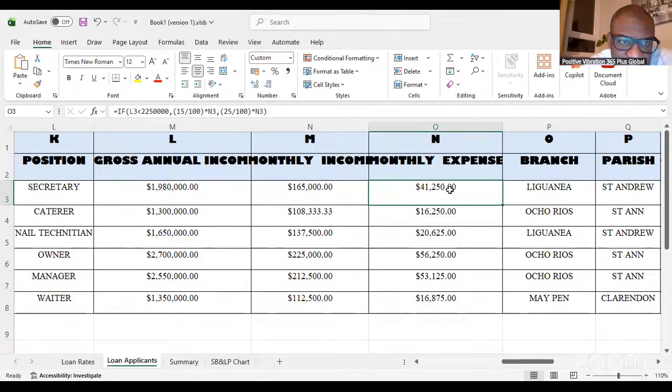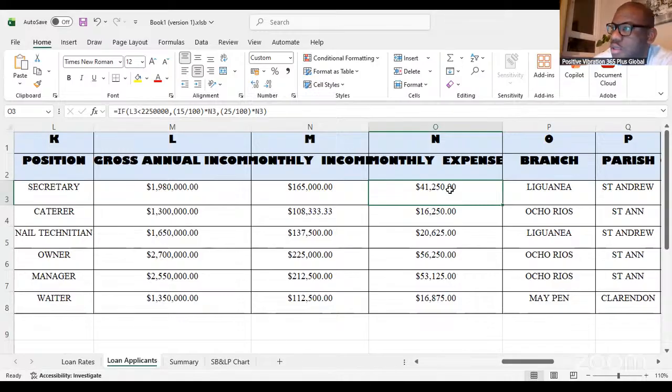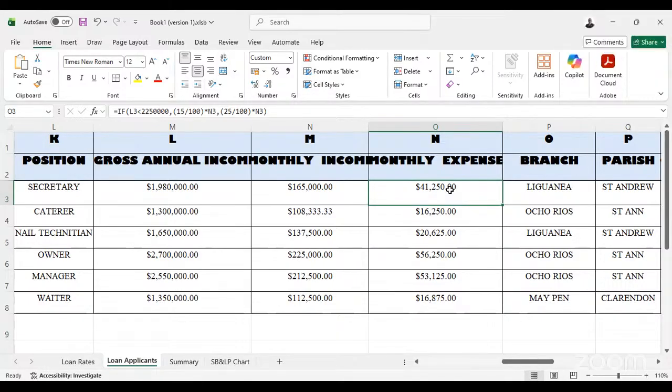So that would mean that we need to find 15% of 1,980. Is that working out to be the right number? No, not right. No, sir.